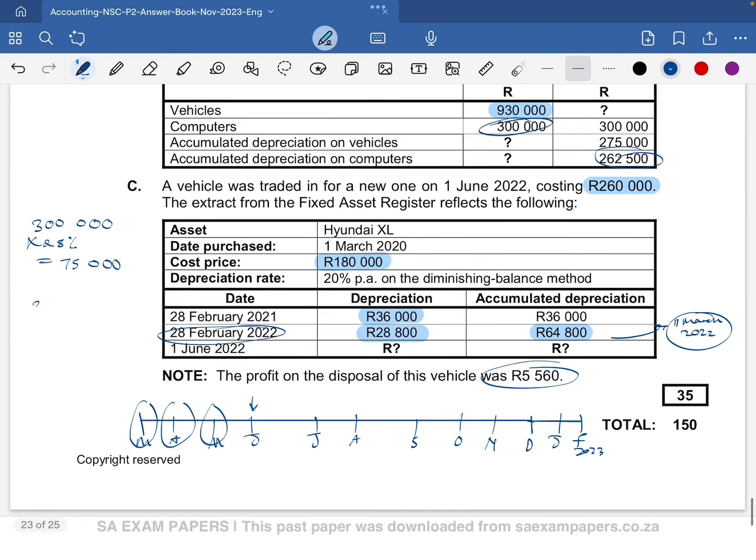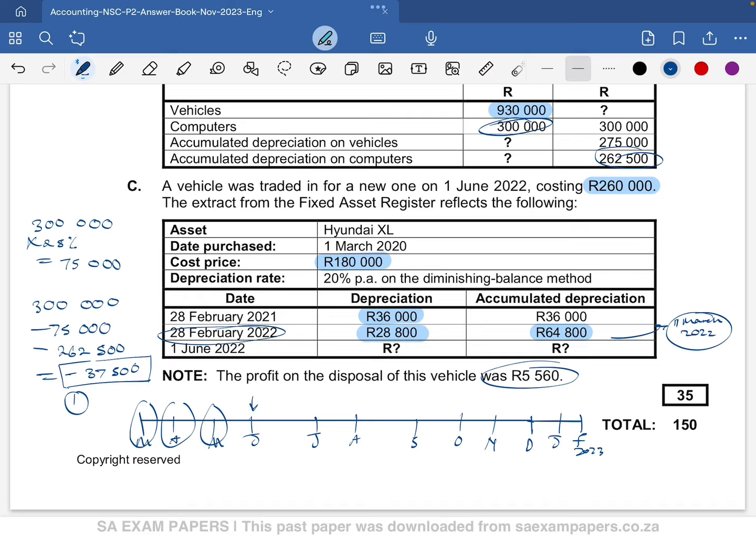Now when we take 300,000, then we subtract the 75,000 depreciation, then we also subtract the 262,500, minus 75,000 minus 262,500, and then we get a negative balance of 37,500. So now we cannot show an asset at a negative balance, but we can only show it up until 1.